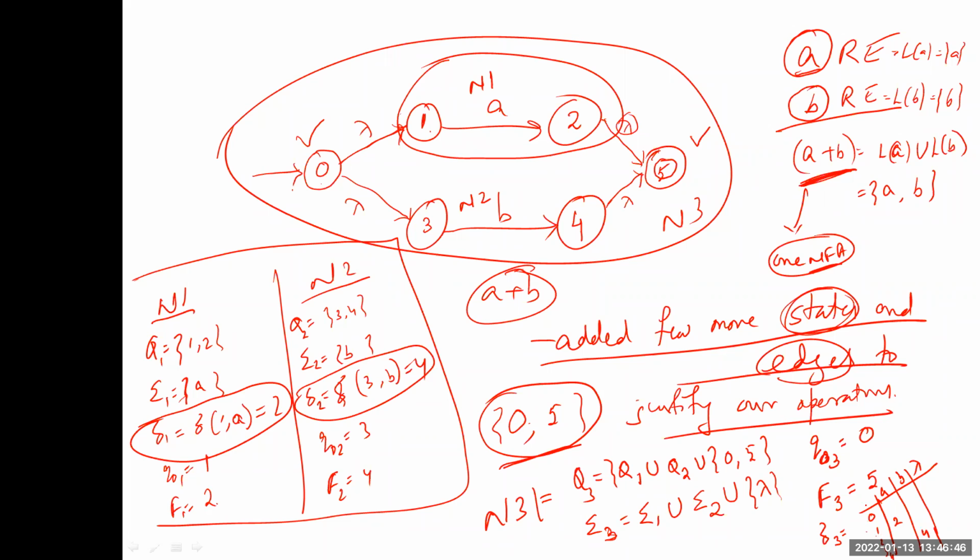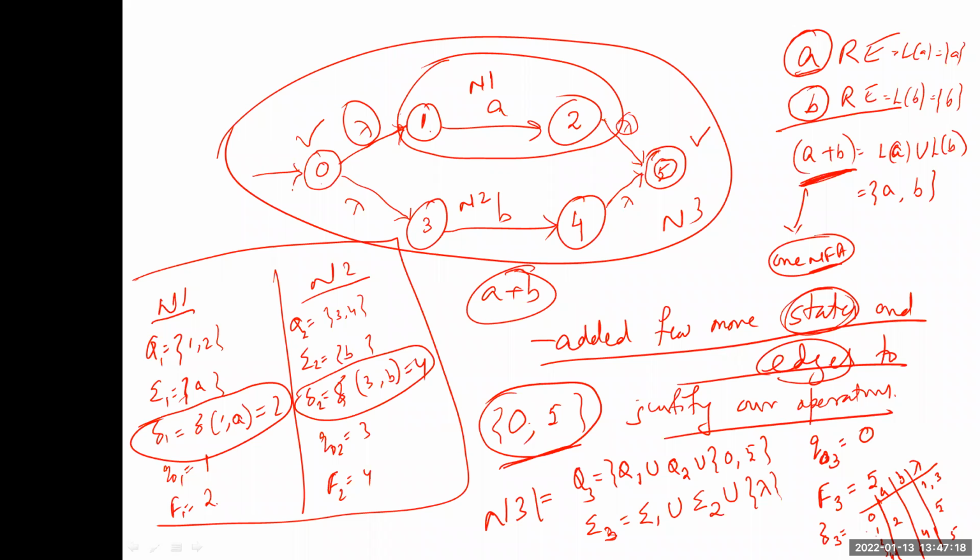The rest of the added elements will be reflected: 0 on lambda is 1, 3. On 1, there is only one transition. On 2, there is a lambda transition to 5. On 3, only one transition B, which is already defined. On 4, there is another transition added, lambda to 5. On 5, there are no outgoing transitions.